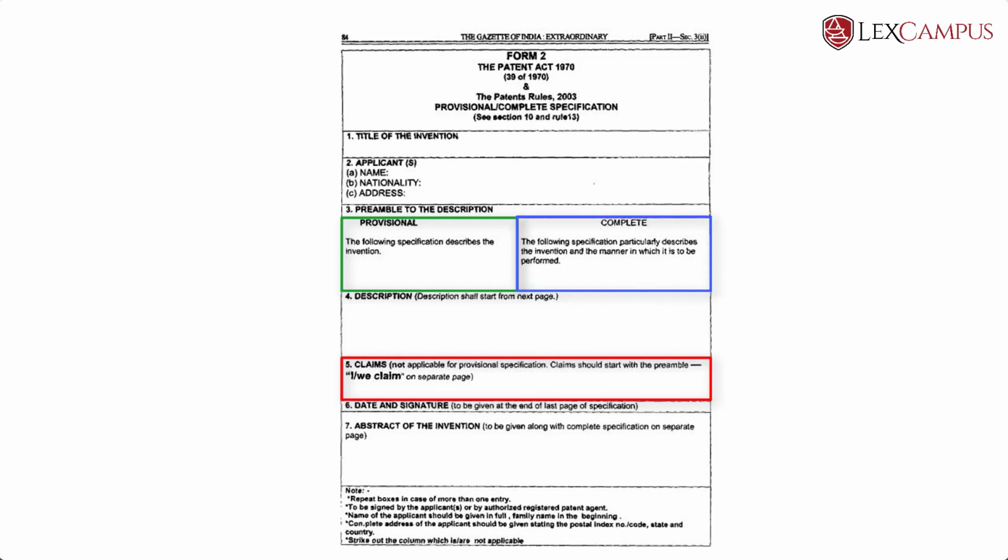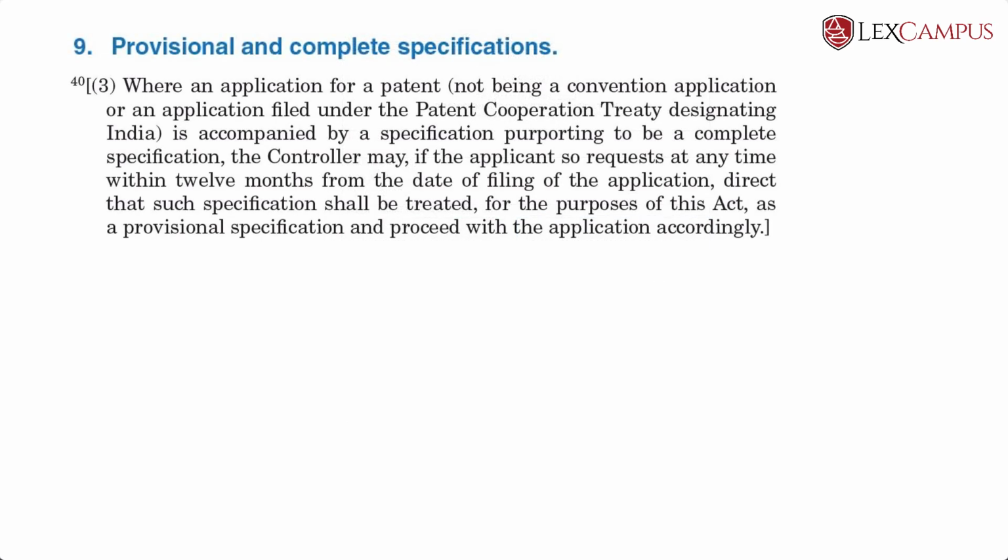So, assume for the purposes of 9.3 that you file a complete specification with the claims. It is a complete specification, but 6 months down the line you write to the controller and request him to downgrade your complete, because you understood it as complete, and for all practical purposes you are going to use the same form.